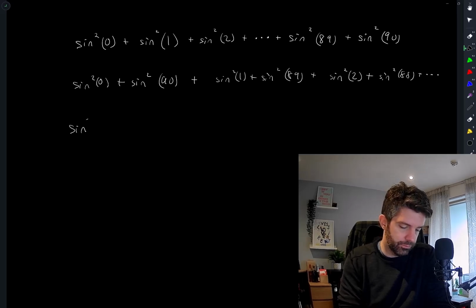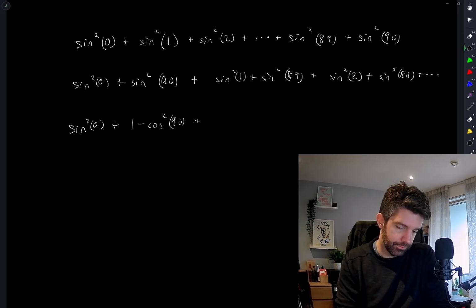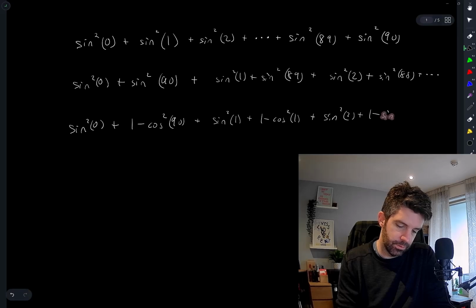This is sine squared of 0 plus 1 minus cos squared of 90, plus sine squared of 1 plus 1 minus cos squared of 89.